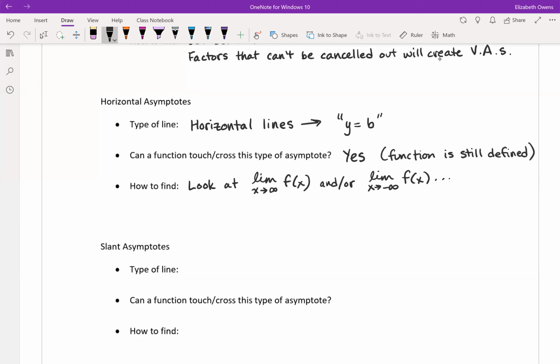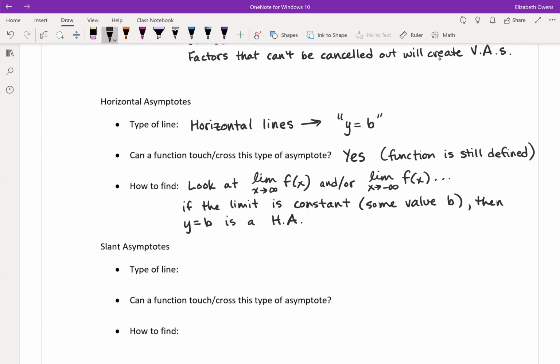Okay, if the limit is constant, and that is key here, if the limit is constant, some value, we'll say b to be consistent here. So if the limit approaches a constant b, then y equals b is a horizontal asymptote.